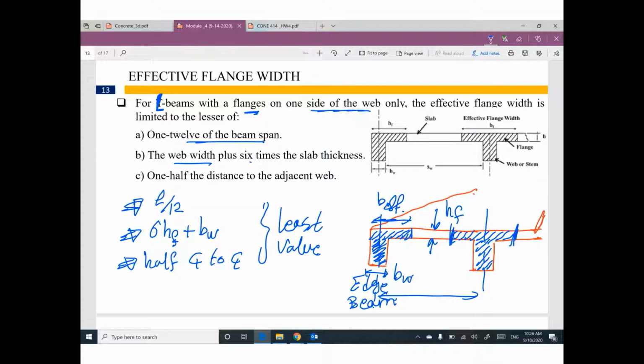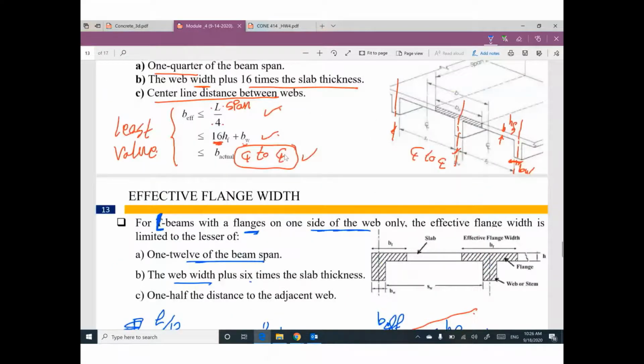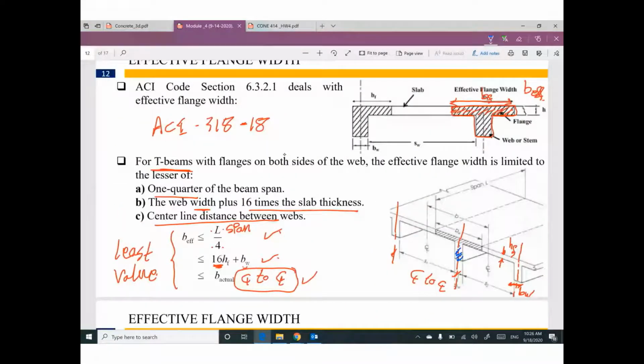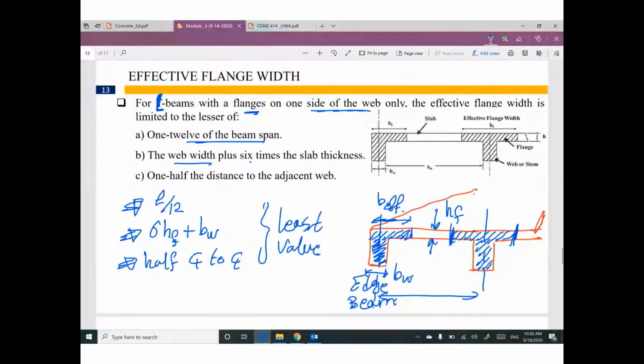And I'm going to use the least value. So please be careful. If you are talking about an intermediate beam, we have a T-section with three limits for B effective, and we use the least value. If you are talking about an edge beam, we are talking about an L section. We have different values for B effective, and we are going to use the least value.